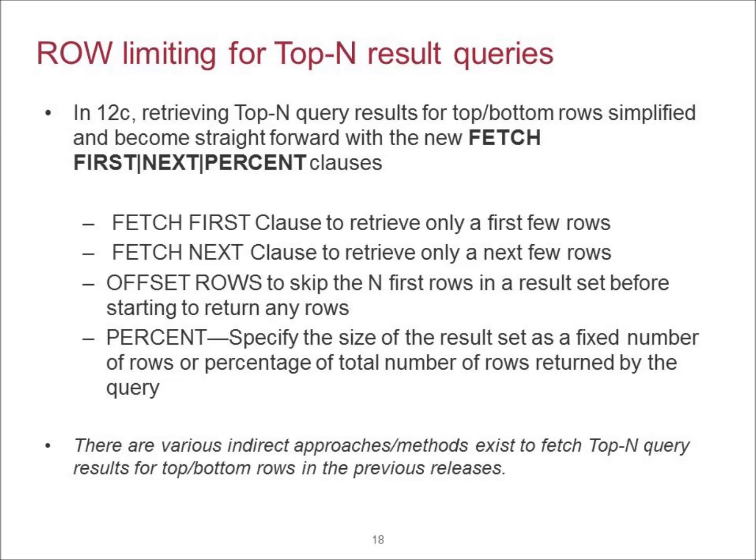These are the clauses that you can now use, which simplifies retrieving the top or bottom rows. With the previous versions, you may have to write slightly complicated SQL in order to retrieve the top or bottom rows, but with 12c, it's pretty simple. So let's look at some of these clauses.